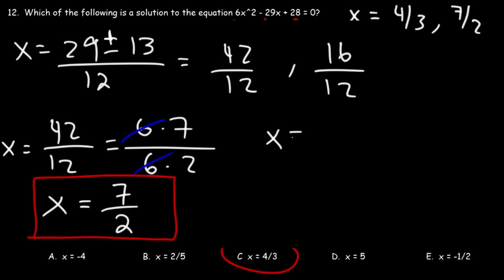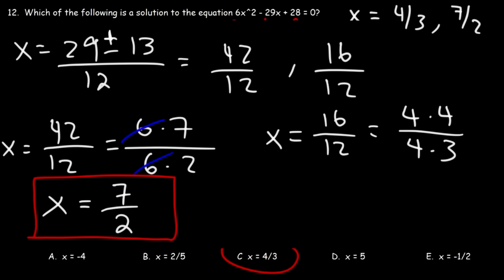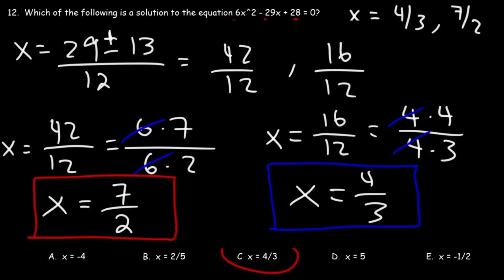Now for the other answer, 16 over 12, we could say 16 is 4 times 4, 12 is 4 times 3. So if we cancel the 4, we get the other answer, 4 over 3. So if you don't want to factor, you can also solve the quadratic equation using the quadratic formula. Once again, C is the correct answer.